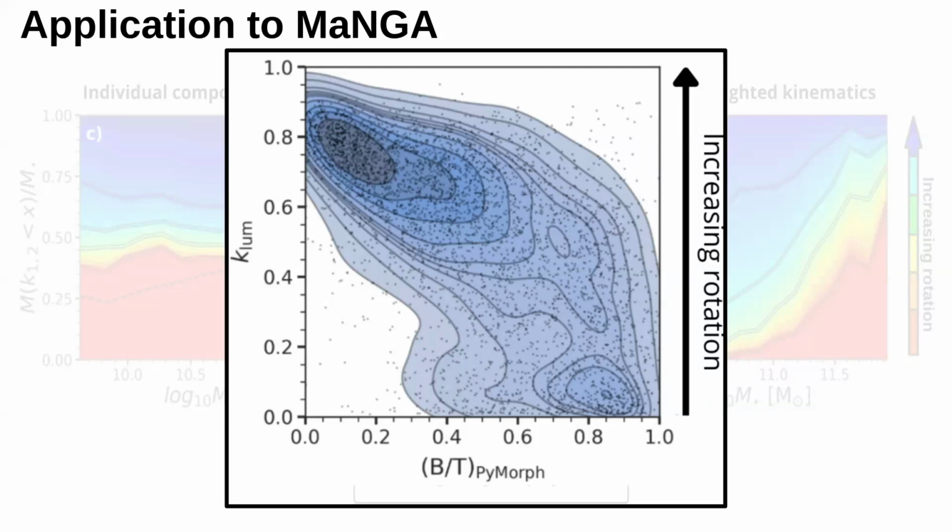And this is strongly advising you against using any purely photometrically informed decomposition to infer something about the structure that you are actually seeing in your galaxy, because you basically cannot predict precisely the dynamics of your galaxy from the bulge over total ratio.